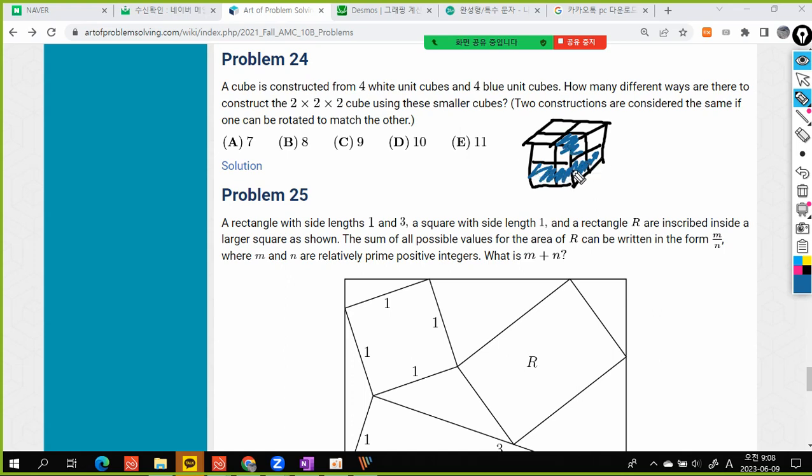That's one possible arrangement. And then we can rotate the blue one at the top. So four cases are possible. Now the remaining cases: two blue at the bottom and two blue at the top. How many cases are possible?